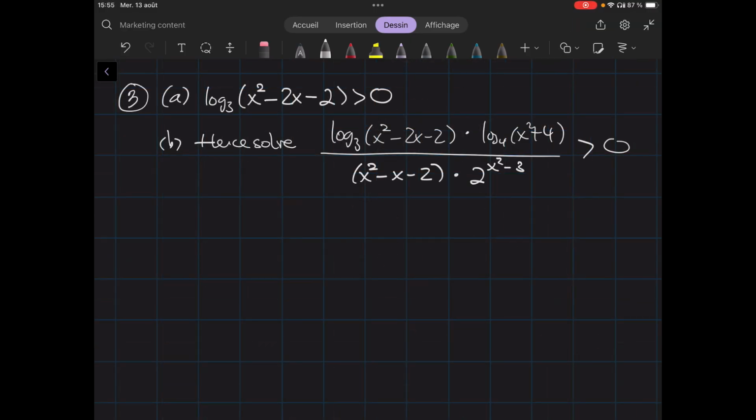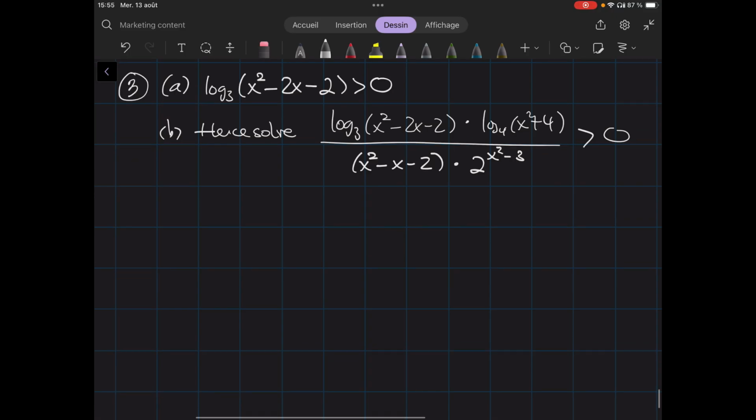Question 3. In part A, we're asked to solve the inequality, and in part B, once again, you are asked to solve an abomination of an inequality. So let's start off with part A. We would like to solve this inequality.